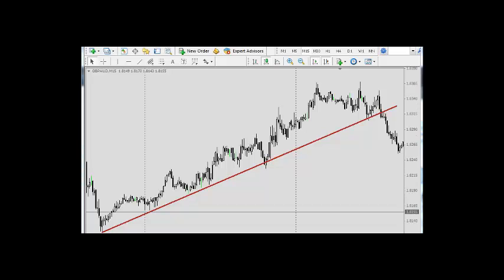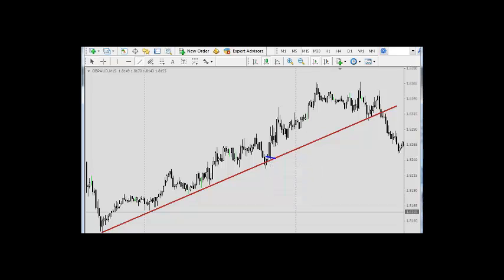How do you trade using trend line? You enter a buy whenever price bounces on the trend line. As you see at this juncture, you can enter a buy at the close of this candle.